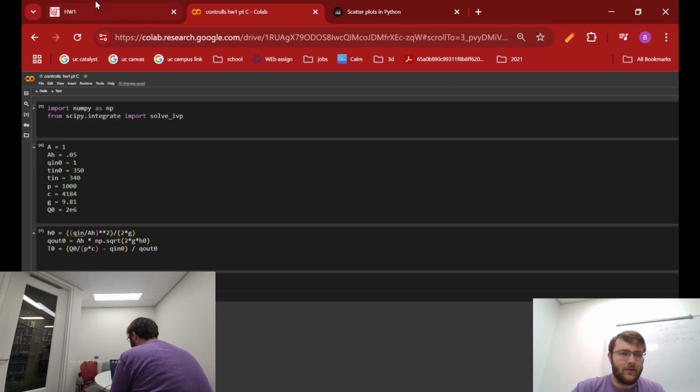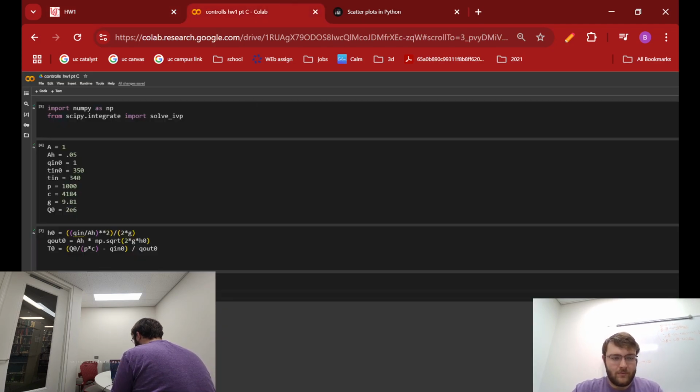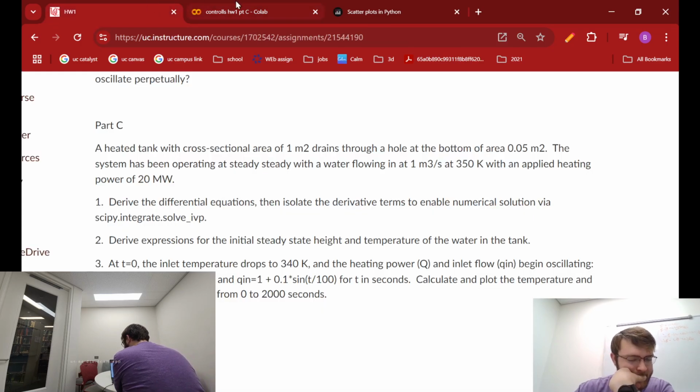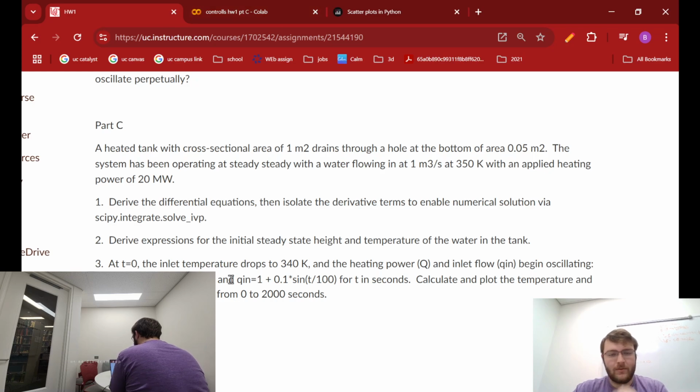And now we have all of our fun equations. I wonder if I can just, I can. Let's make sure that all copied how it should.